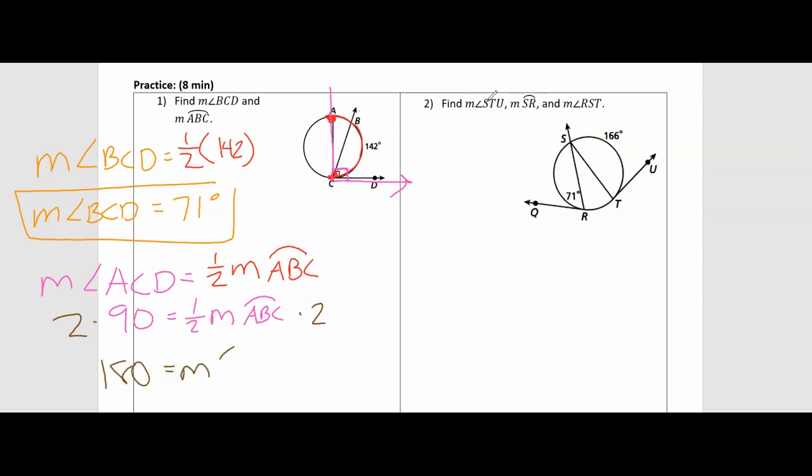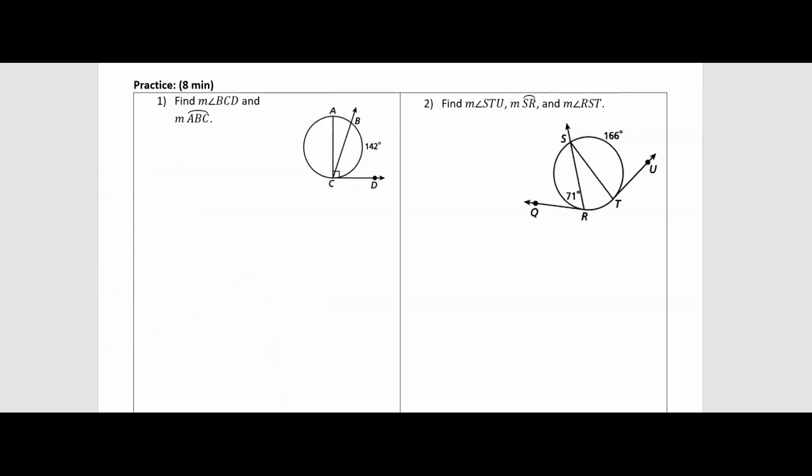And I get the measurement of arc ABC is equal to 180. Special name for arc ABC if it's equal to 180 degrees. Pause the video, 5 seconds to think. It's going to be a semicircle. Right? Semicircles are arcs that have measurements of 180 degrees. Okay, we'll leave the other one for in class.